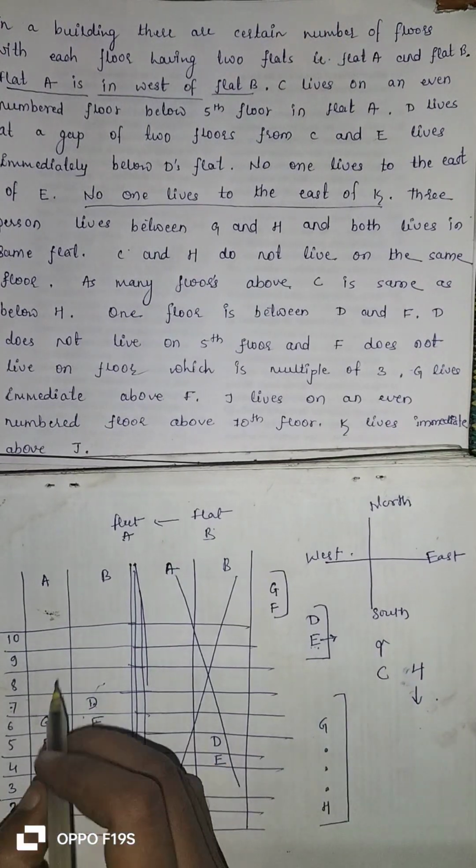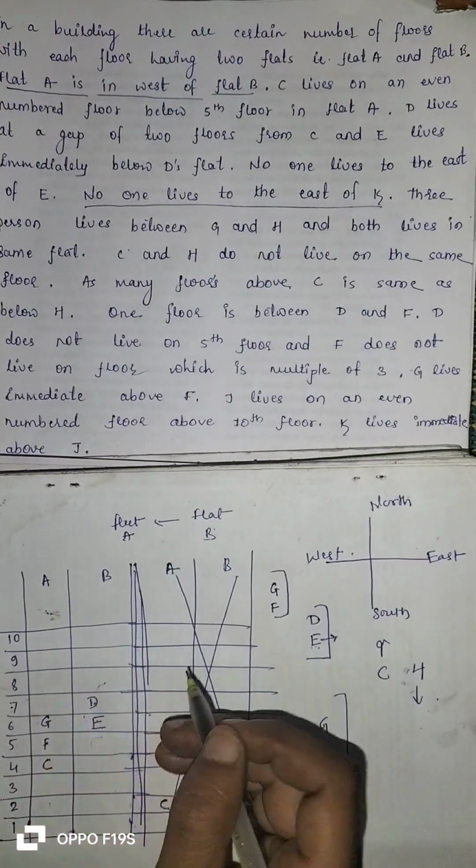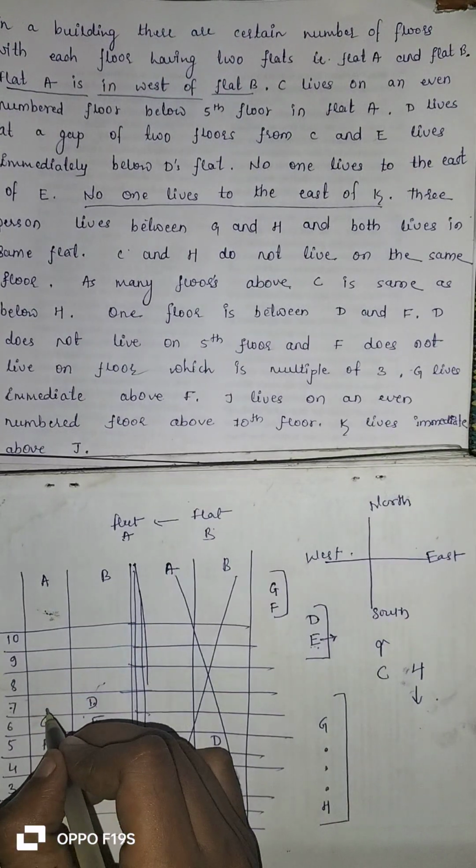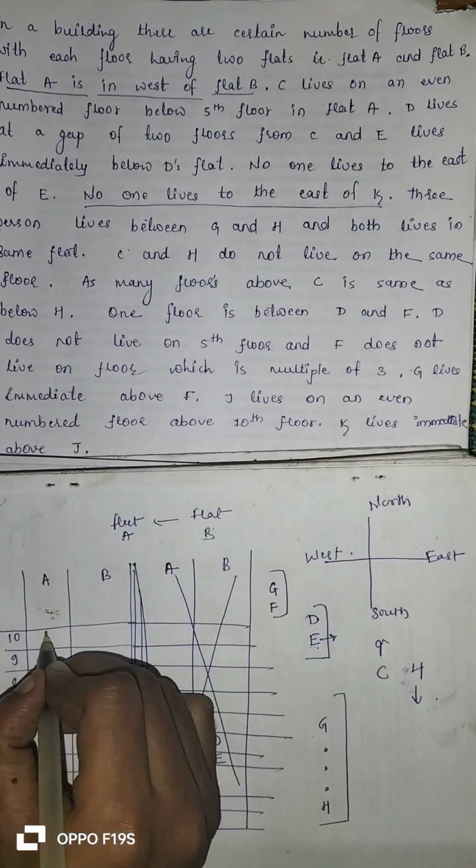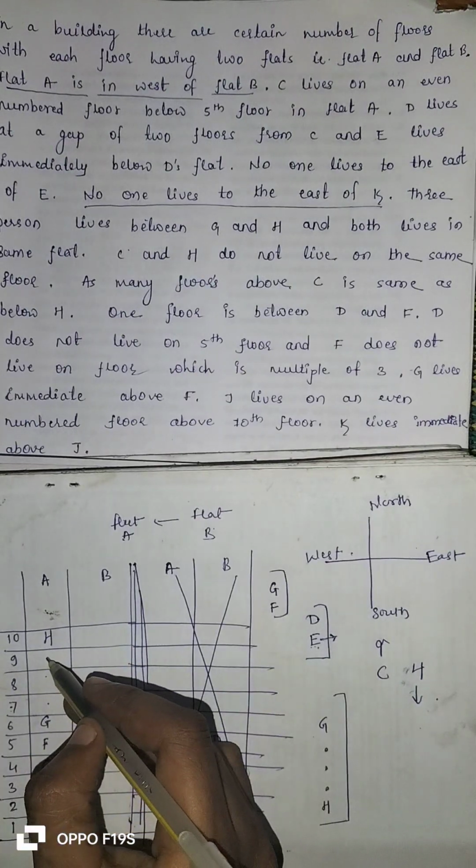For that reason, definitely H is living above G, and there is a gap of 3 floors between G and H. That is 1, 2, 3, and H will come here. How many floors are below H?